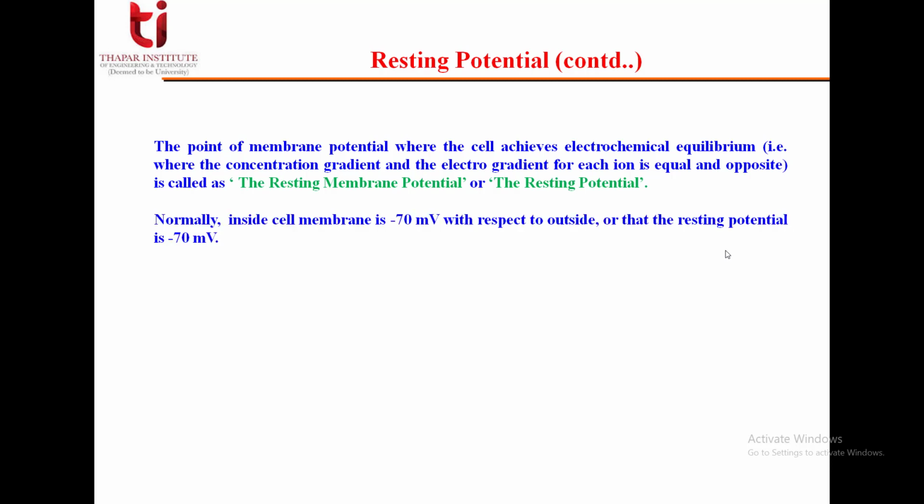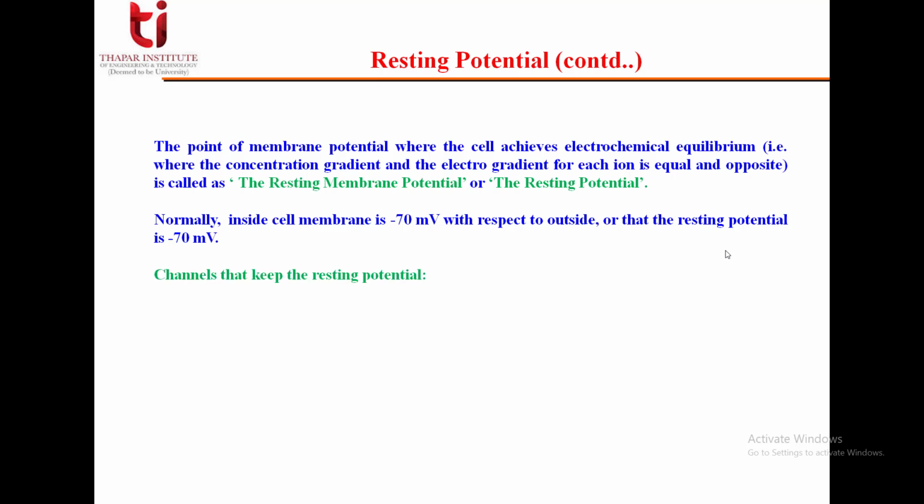Normally, the inside of the cell is approximately 70 millivolts more negative with respect to the outside. So the resting membrane potential is typically minus 70 millivolts.